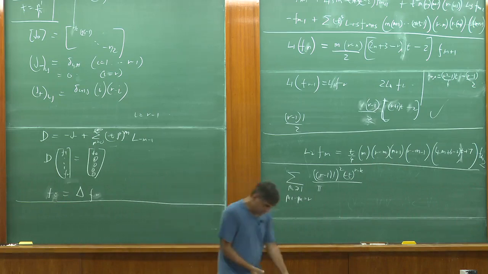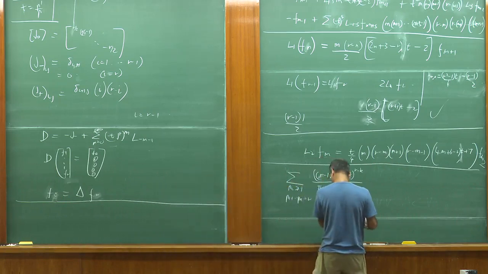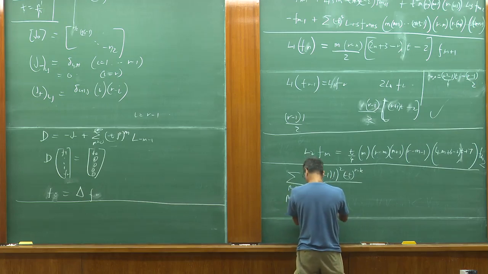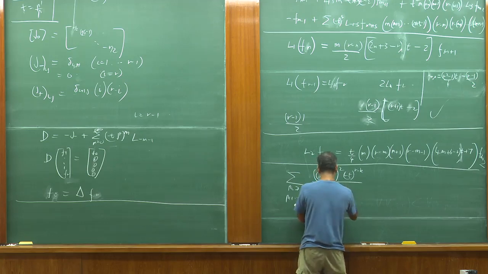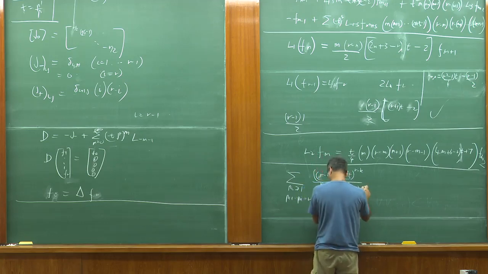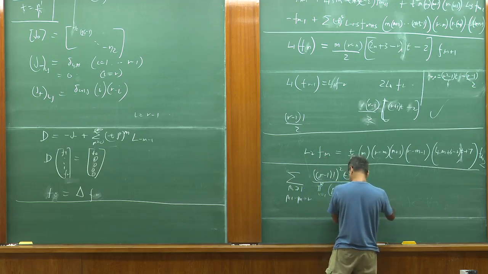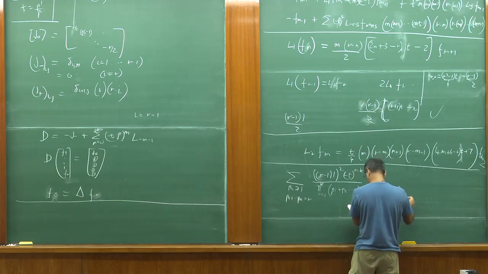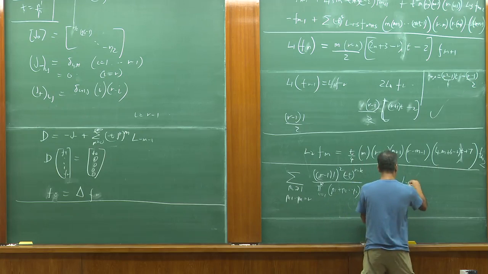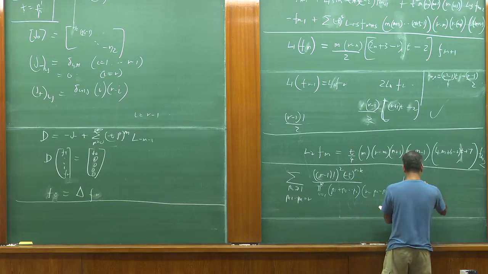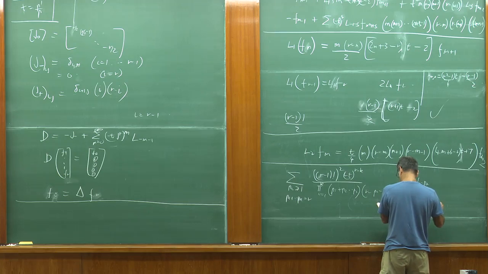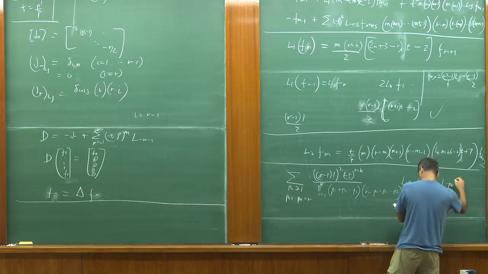Okay, this is really very unilluminating, but anyway, i equals 1 to k, P1 plus P2 Pi, R minus P1 minus P2 Pi, L minus P1, L minus P2, up to L minus Pk of the primary.